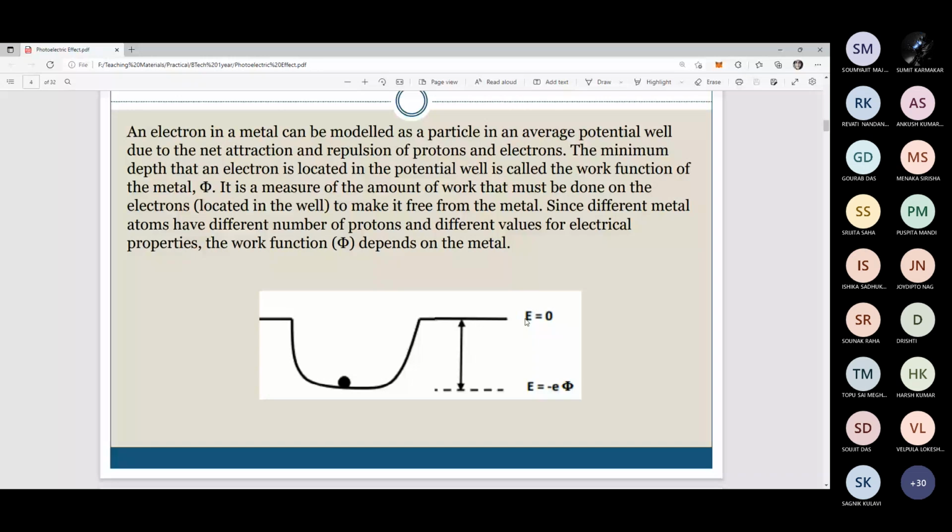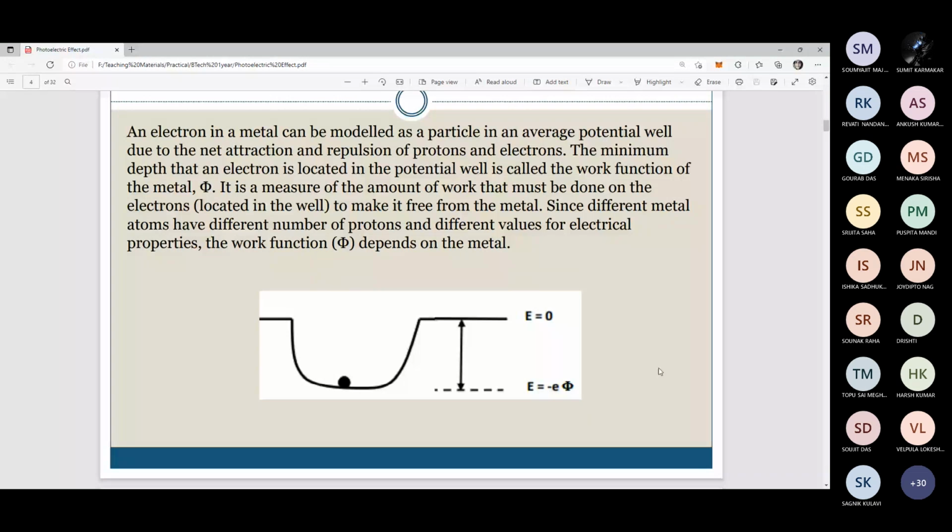Now, this is the underlying theory that you know or you will learn in your theory class. Dr. Sahu will discuss that inside the material, the electrons are free to move. But if you want to remove an electron from the material, then you need some extra energy, or you have to do some work so that it can escape from the material.